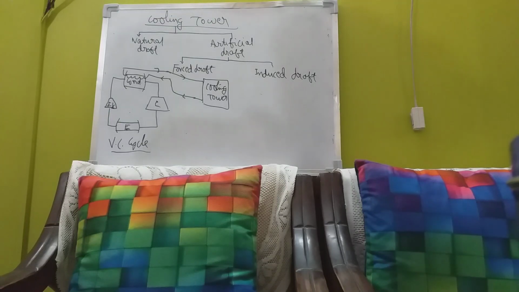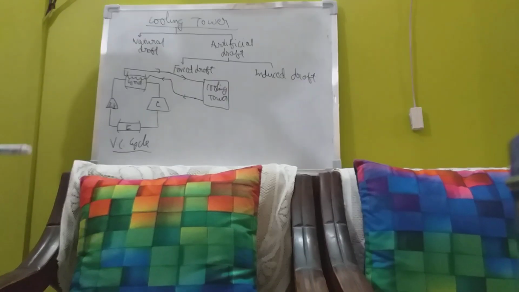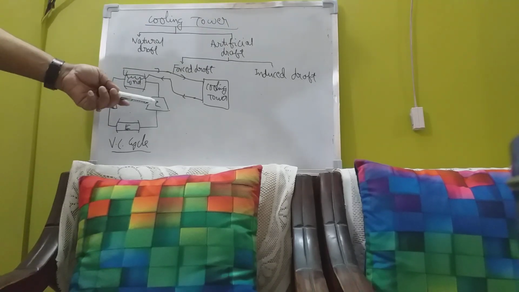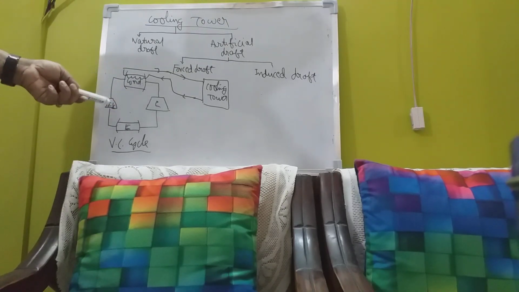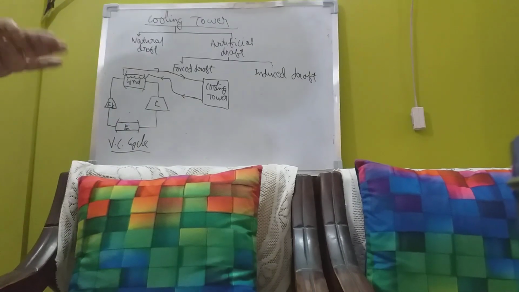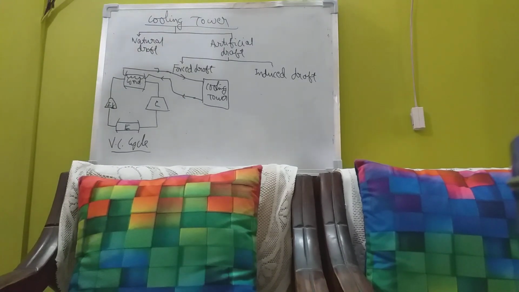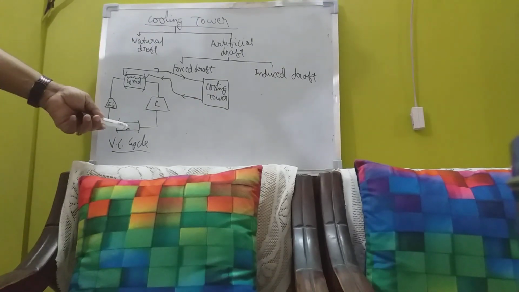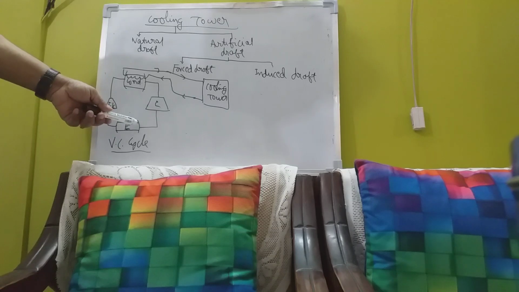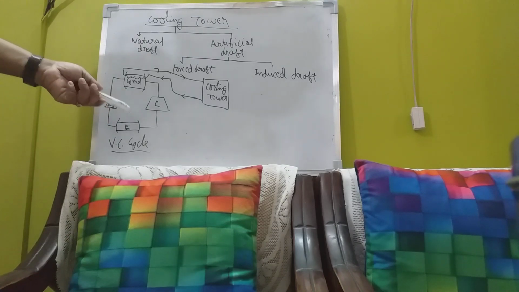If you see this diagram, it is itself indicative. There is evaporator, there is compressor, there is condenser, there is expansion valve. That is vapor compression cycle, the basic refrigeration cycle you are aware of. Now what happens? In the evaporator, the heat is absorbed. After heat is absorbed, the gas gets turned into vapor.